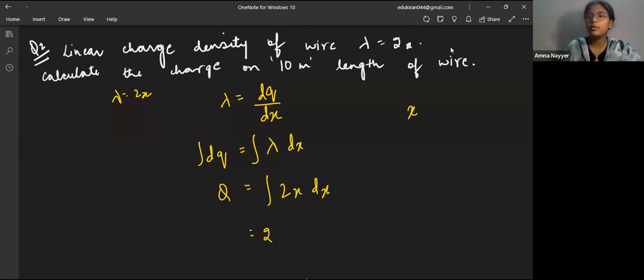The formula for x to the power 1: add 1 in the power, and whatever is obtained, divide by it. So x will become x square by 2, right? And limits are also given, 10 meters. So 0 to 10 meters. 2 gets cancelled.